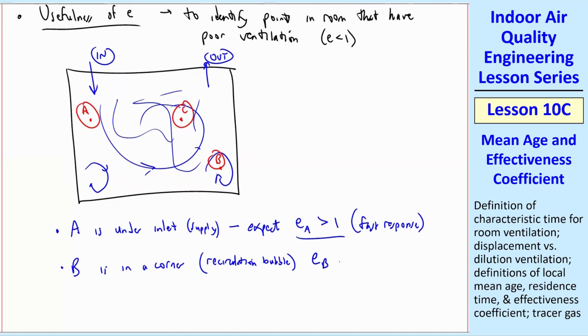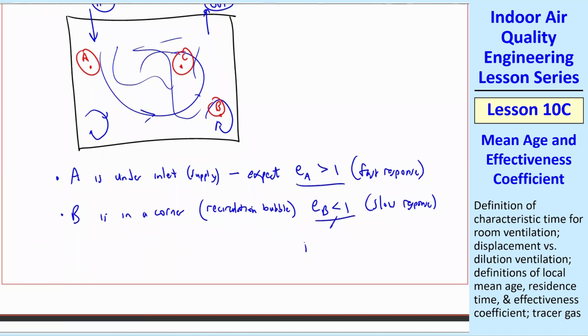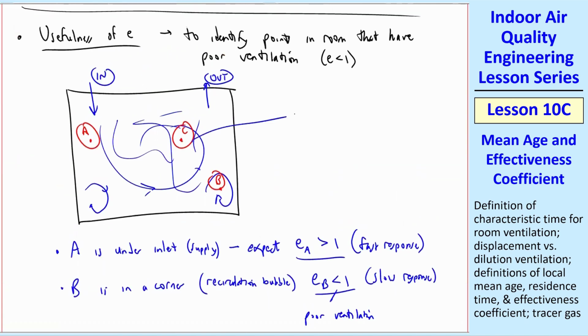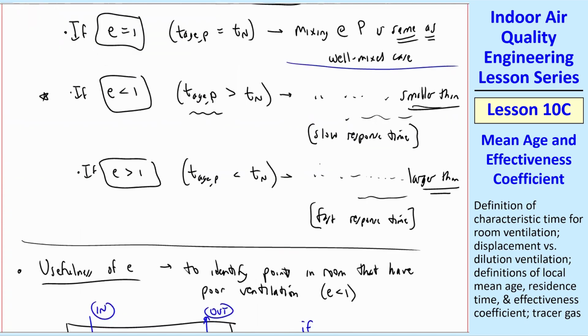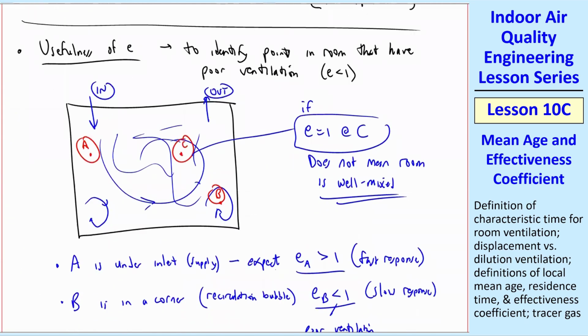And EB we expect to be less than 1, but has a slow response. So we would say that B has poor ventilation. You might have some point where E equal 1 at C. That does not mean that the room is well mixed. It just means that at this point, E happens to equal 1. It's the same as it would be in a well mixed case, but the whole room itself is not well mixed. So keep that in mind.